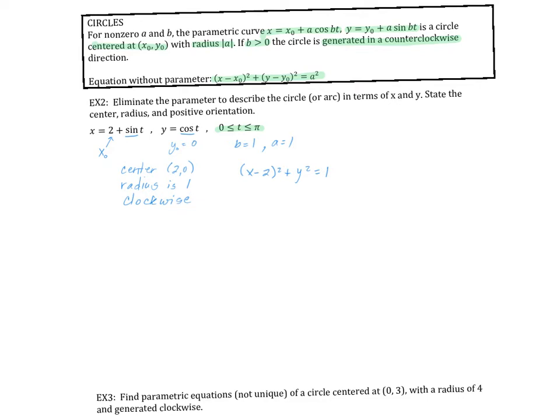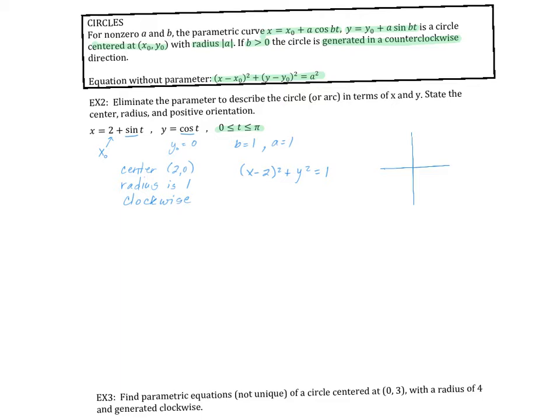So just to get an idea of what this looks like, I'm going to go ahead and sketch a graph. Okay. When t is equal to 0, sine of t is going to be 0. So we're at the point 2, cosine of t is 1. We're at the point (2, 1). Okay, so let's go ahead and graph that point.